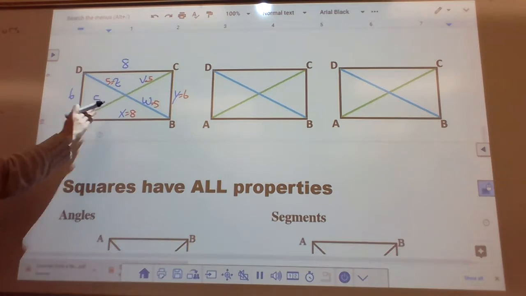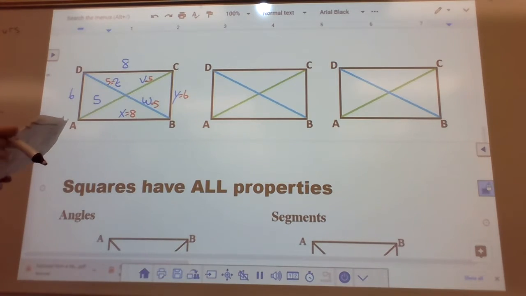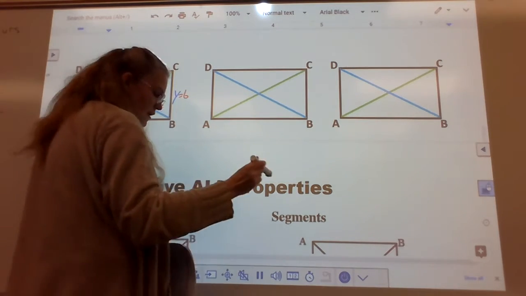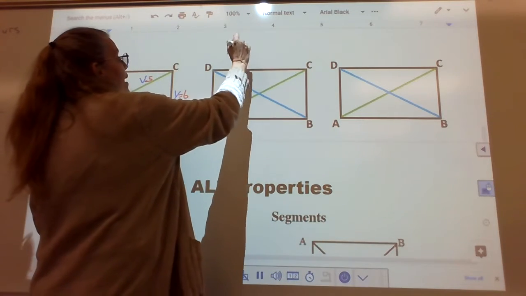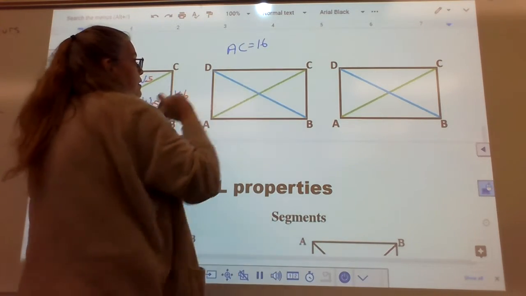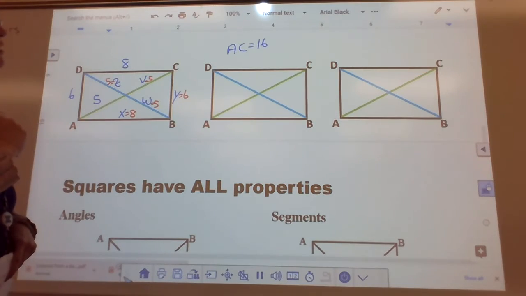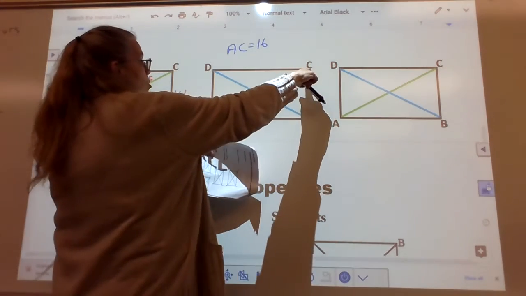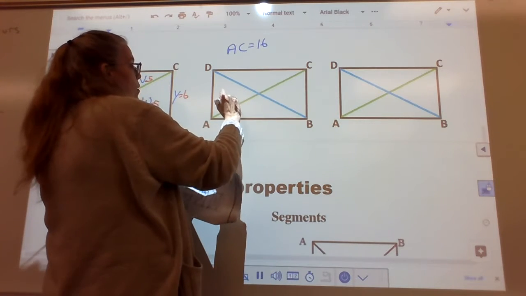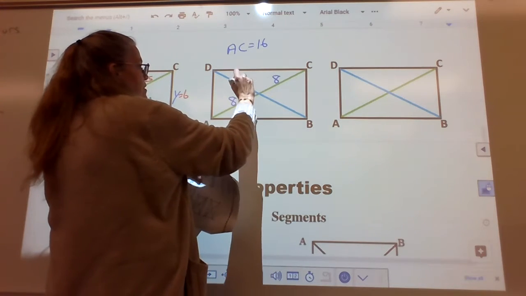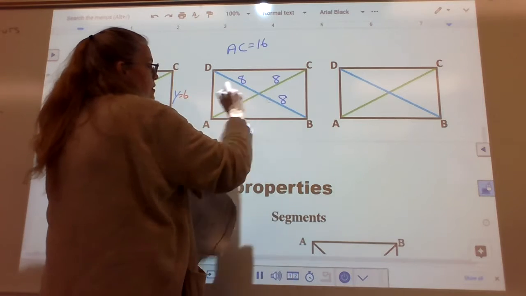So on your homework, you've got a couple like this. The next one's almost the same thing. I'm going to give you one of the diagonals. AC equals 16. So if AC equals 16, corner to corner, I know corner to middle is going to be 8. So I know every single one of these is going to be 8.